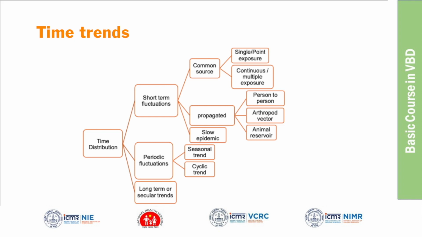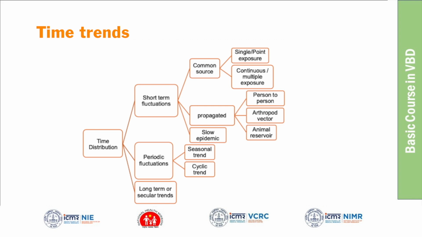This short-term fluctuation further can be subdivided into three categories, such as common source epidemic or point exposure epidemic, propagated epidemic, and the third one is slow epidemic. This periodic fluctuation can be subdivided into two categories. One is seasonal trend and the cyclic trend. And then coming to common source epidemic, it can be a single or point exposure, or the continuous or multiple exposure.